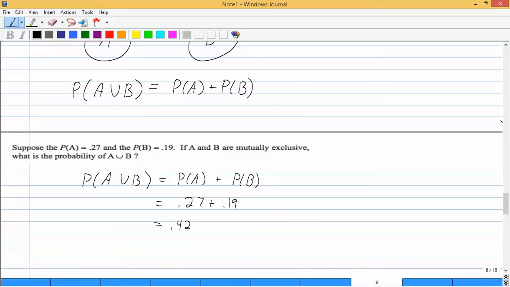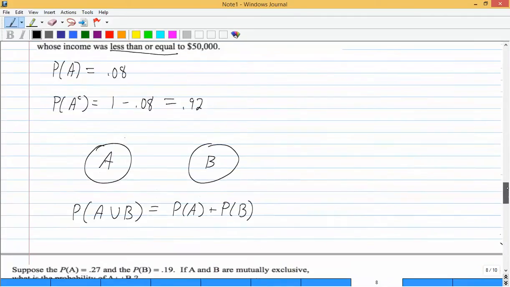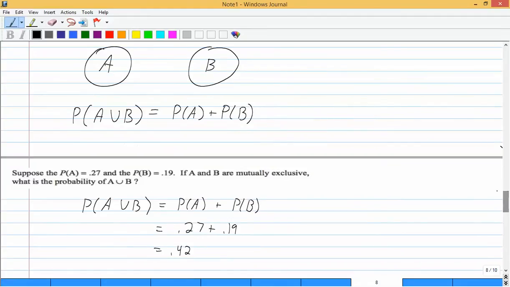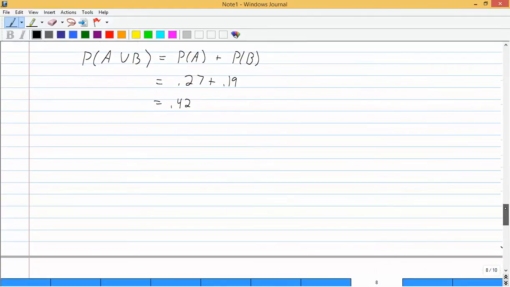And no, it doesn't make a lot of sense if you don't actually put real world things in there, but we'll get there. All right, that was the probability of disjoint events or mutually exclusive events. That was a law of probability.